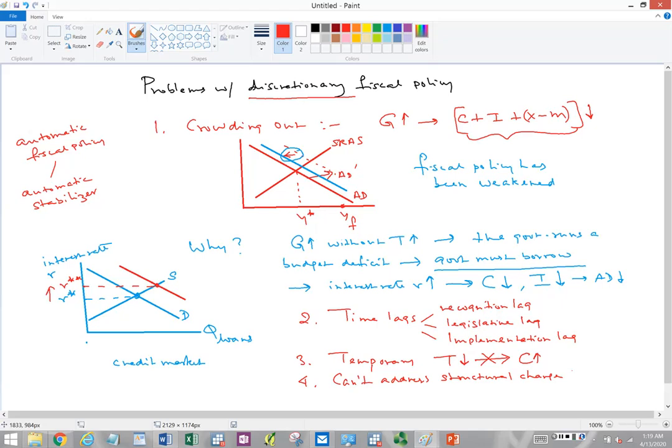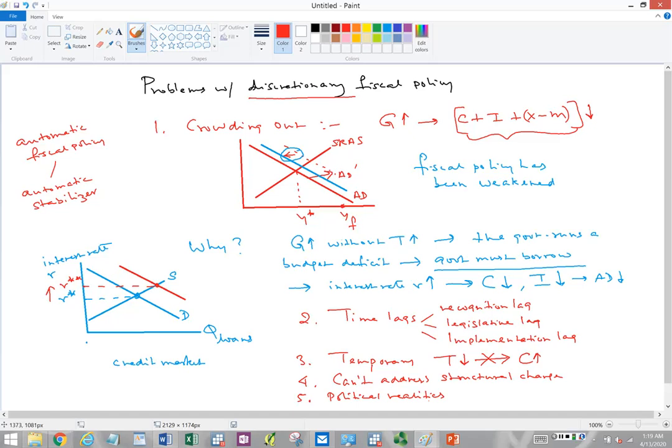Right? And the last problem is the problem of political realities. Let me explain this. We know that when there is a recession, what's needed, what's called for, is an increase in government spending. Right? But this would be very difficult to convince a politician about. How's that?